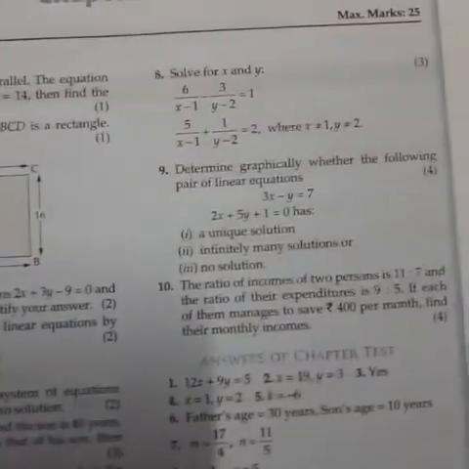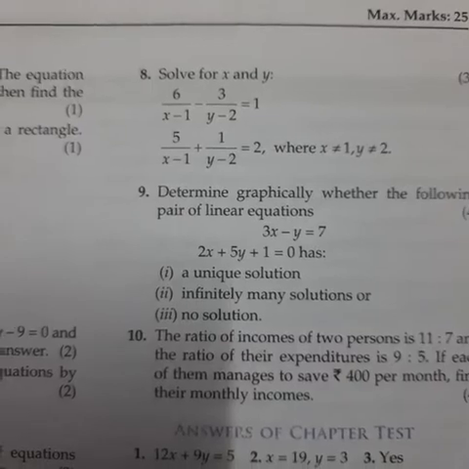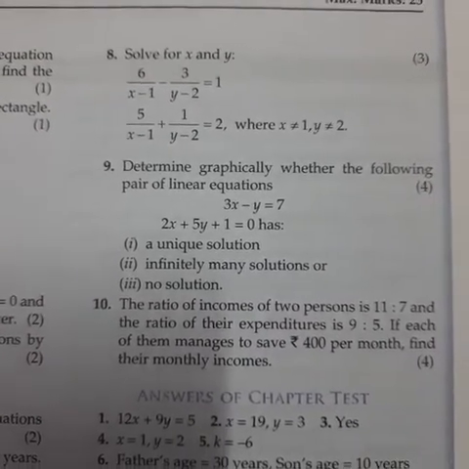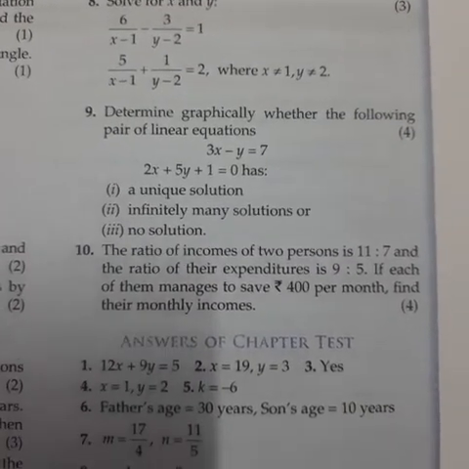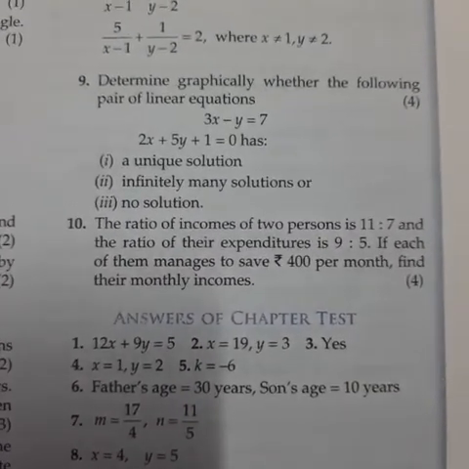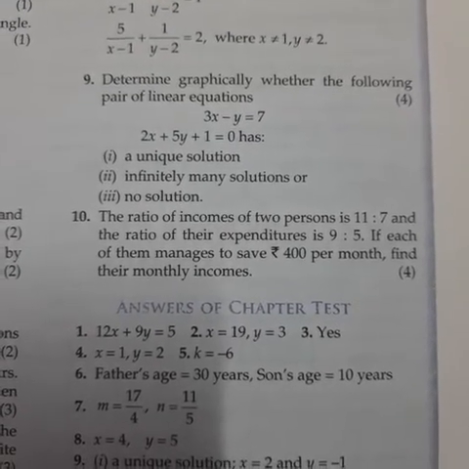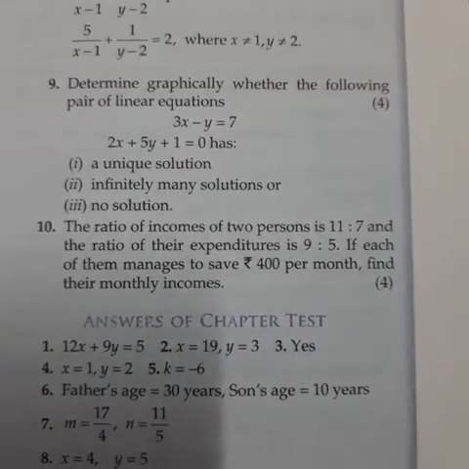Then come to this side. Question number 8, solve for x and y. You can solve by any method. 1 upon x minus 1 you can take as a, and 1 upon y minus 2 you can take as b. Then question number 9, determine graphically whether the following pair of linear equations has a unique solution, infinitely many solutions, or no solutions.